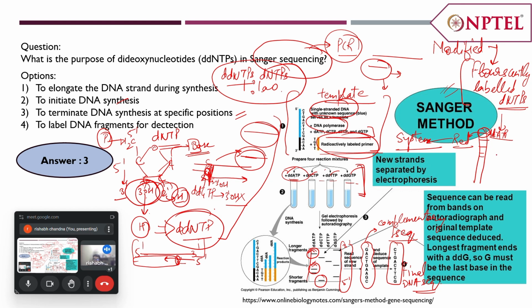Likewise, for every other ddNTP, a different color would be there. That will be detected by the system, and that would give us the complementary sequence of the original DNA strand. This is the modification, and it is used in high throughput DNA sequencing techniques nowadays.